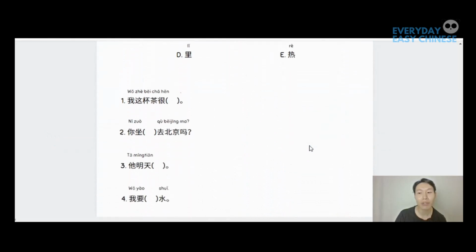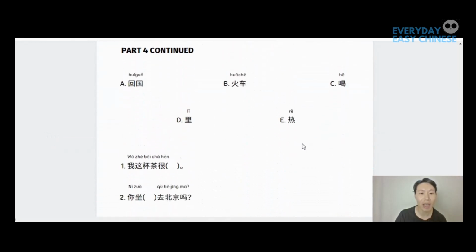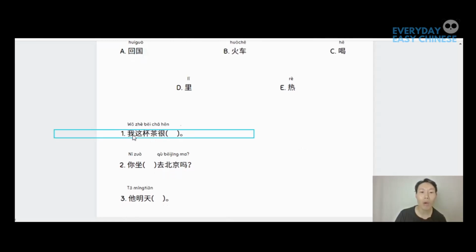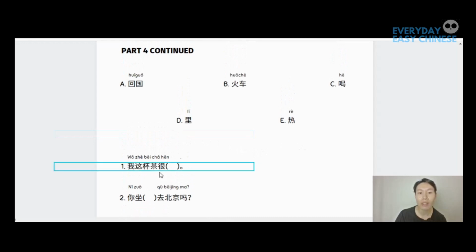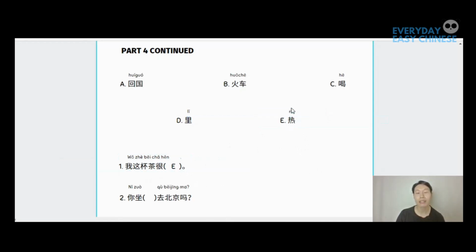So the final set of questions here, we have number 1. 我这杯茶很. So this cup of tea is very hot. 热, this is an adjective here, so it's very hot.